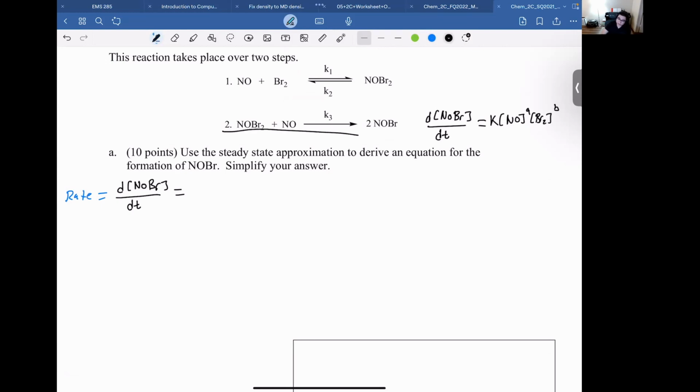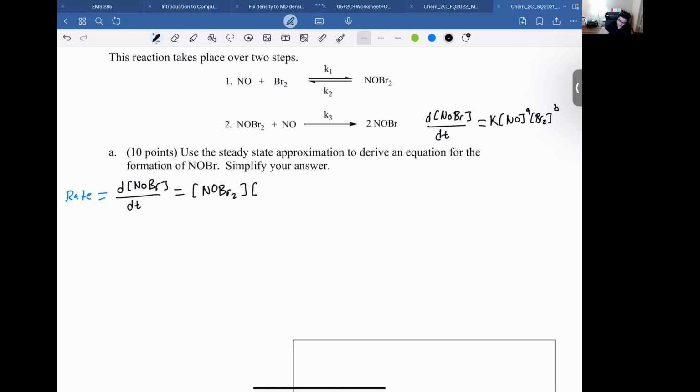I can look at the second reaction and just write my rate law for this. So my rate law, where NOBr actually forms, is the concentration of NOBr2 to the first power, because there's a coefficient of 1.